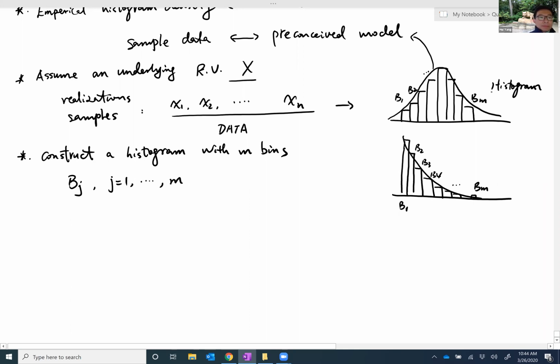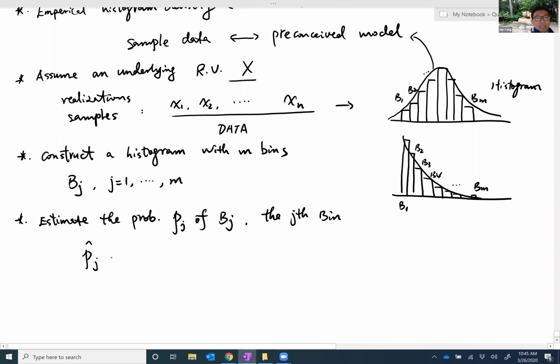Now, the next step is to estimate the probability Pj of Bj, that is, the j-th bin. So what is Pj hat? Pj hat is the estimation from the data.